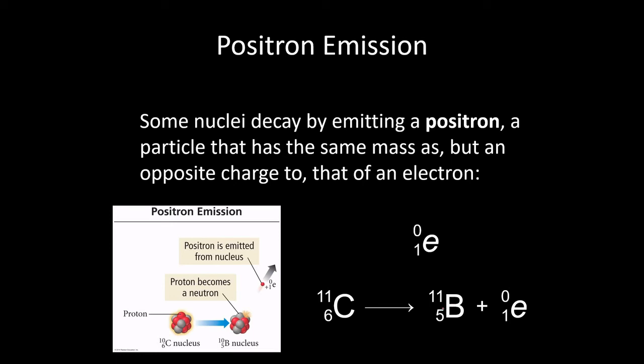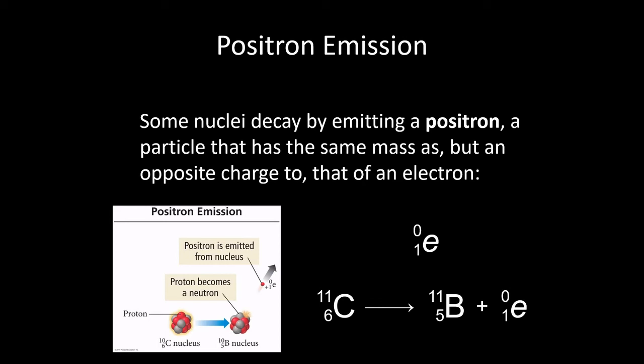Positrons, by the way, do not last long. Positrons, when they hit electrons, which there are electrons everywhere, everywhere. As soon as that positron is emitted, within microseconds, it will bump into an electron and they will annihilate each other quite energetically.